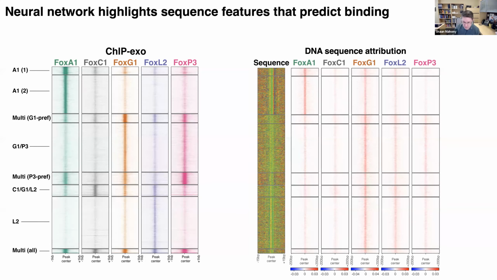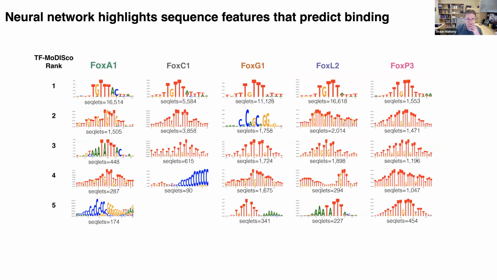And we can go a little deeper into this in terms of what motifs are present. We can use TF-MODISCO, for example, to find what motifs are underlying these sequence attributions. When we do that, we get the same picture that we saw before from just simpler motif finding analyses. FOXA1 definitely likes to find this TG-TTT-AC motif, and the neural networks recognize that.